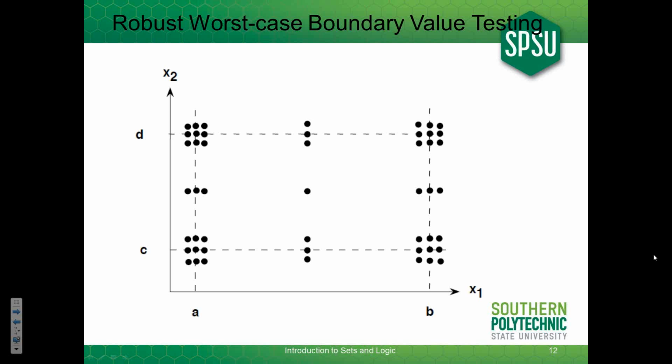Using, let's say, robust, let's start easy first. Using normal boundary value testing. What are my test cases? How many test cases do I have, first of all?